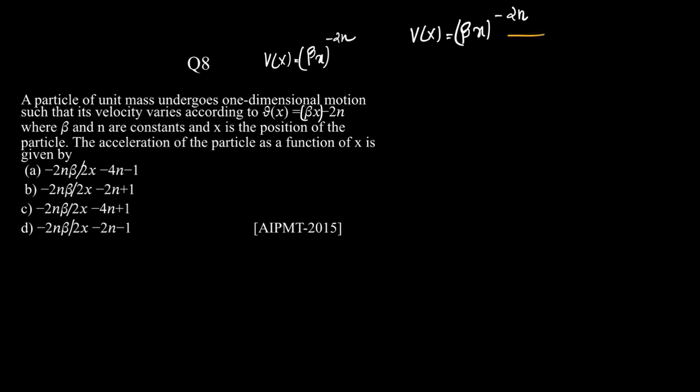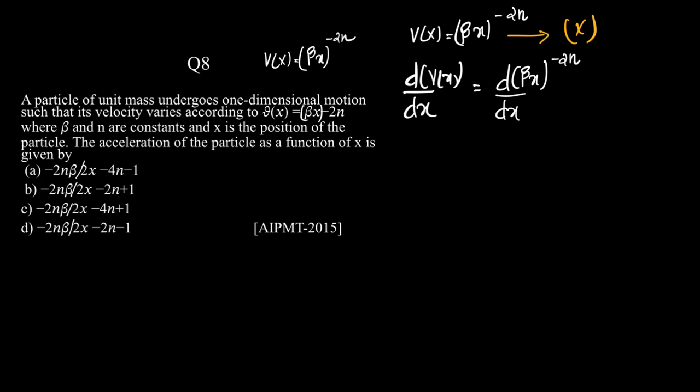So what we'll do here is differentiate this equation with respect to x first. So we have d by dx of v, or to be more precise, v of x, is equal to d by dx of (beta x) to the power minus 2n.